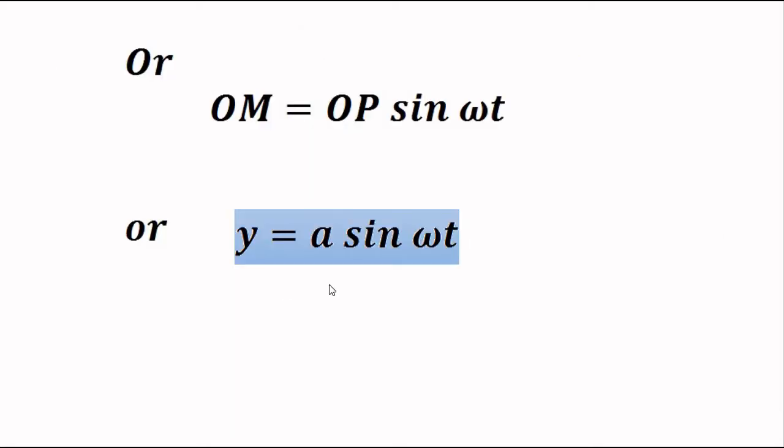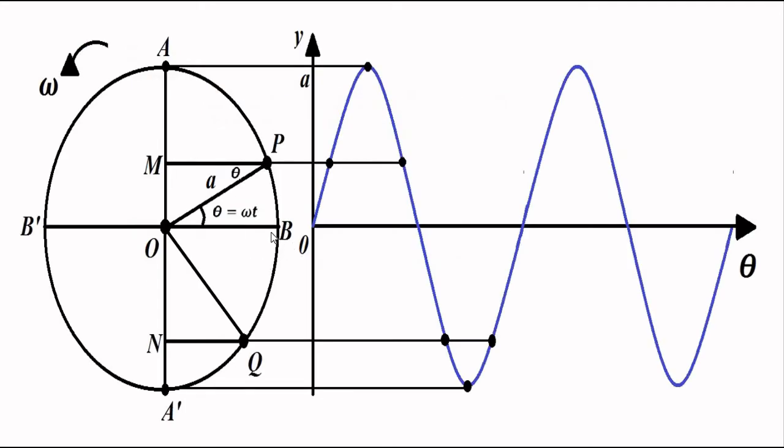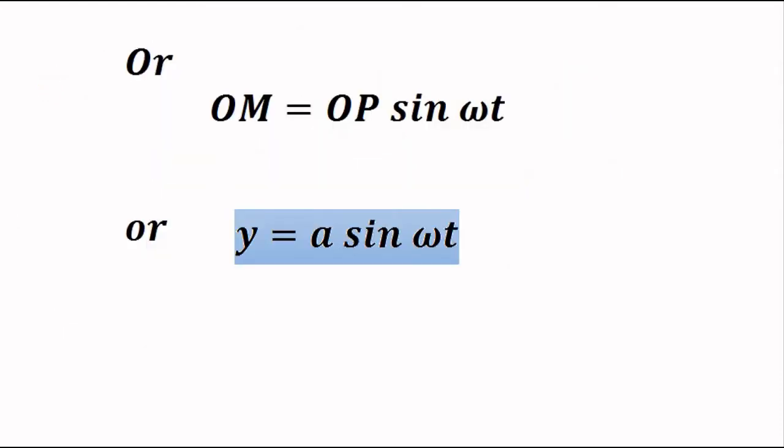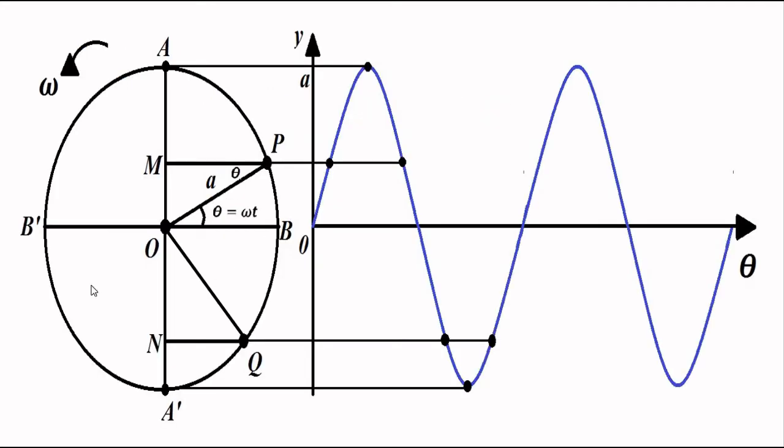Now this is the simple representation of simple harmonic motion, but here we assumed that the initial position of the particle is from B. That's why we got this equation. But most of the time the initial position of the particle along this reference circle is not B. It can be anywhere along this circumference.